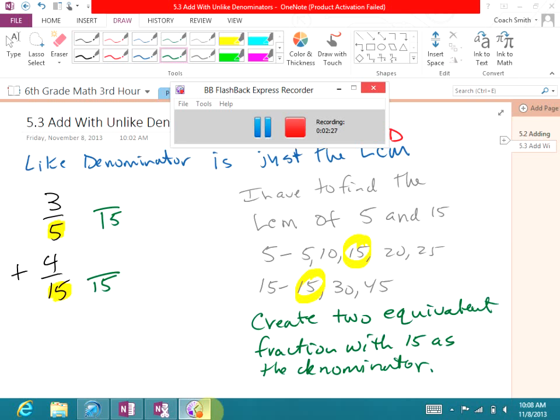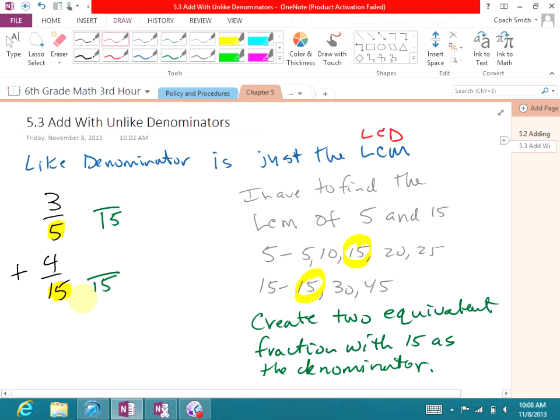Okay, so now I ask myself, what did I do to 5 to make it 15? Multiplied by 3. So I'm going to multiply the top and bottom by 3. 3 times 5 is 15. 3 times 3 is 9. So I have 9/15 is that fraction.